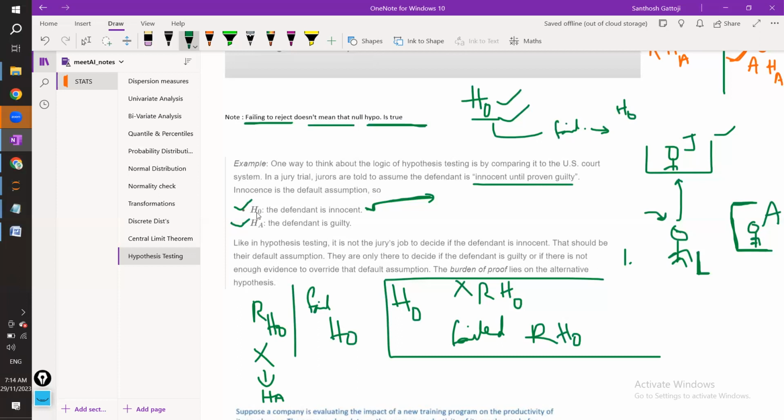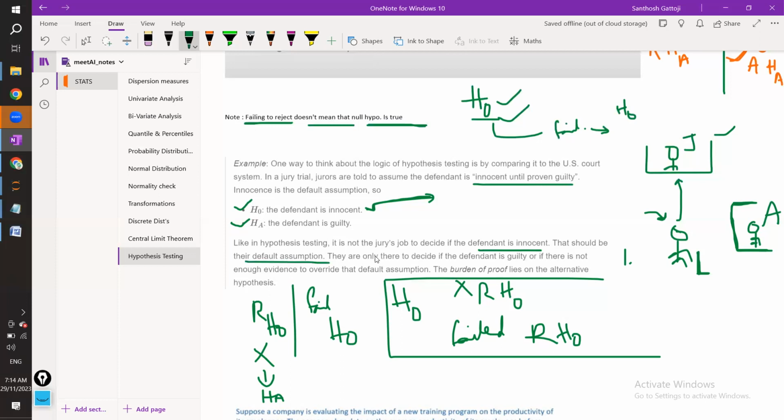That's the null hypothesis. The judge will not decide whether he is innocent or not. The judge's job is to decide whether he is guilty, whether he has done that crime or not. By default, the null hypothesis is innocent. That is the default assumption.